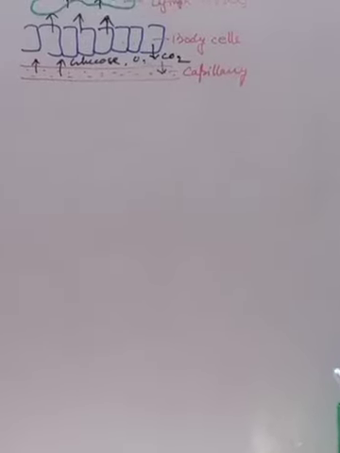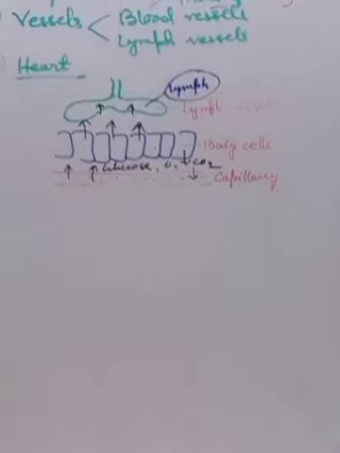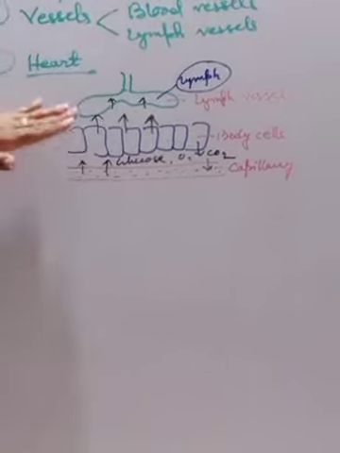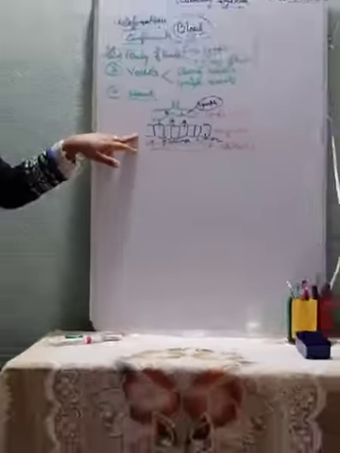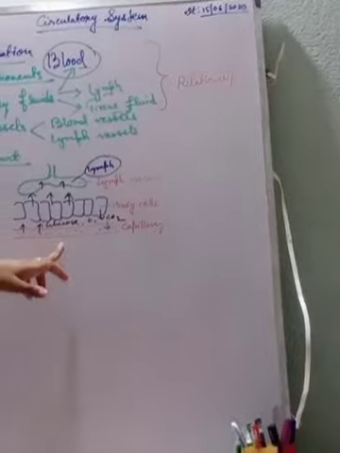The fluid that flows within the lymphatic vessels is known as the lymph. The fluid that bathes the body cells is known as the tissue fluid or interstitial fluid, and the blood that remains confined within the capillaries is known as the blood.